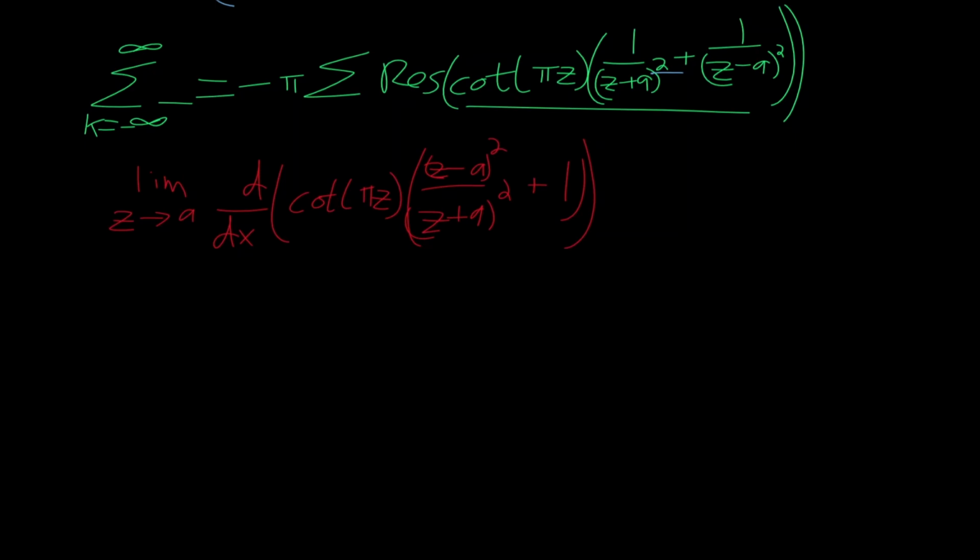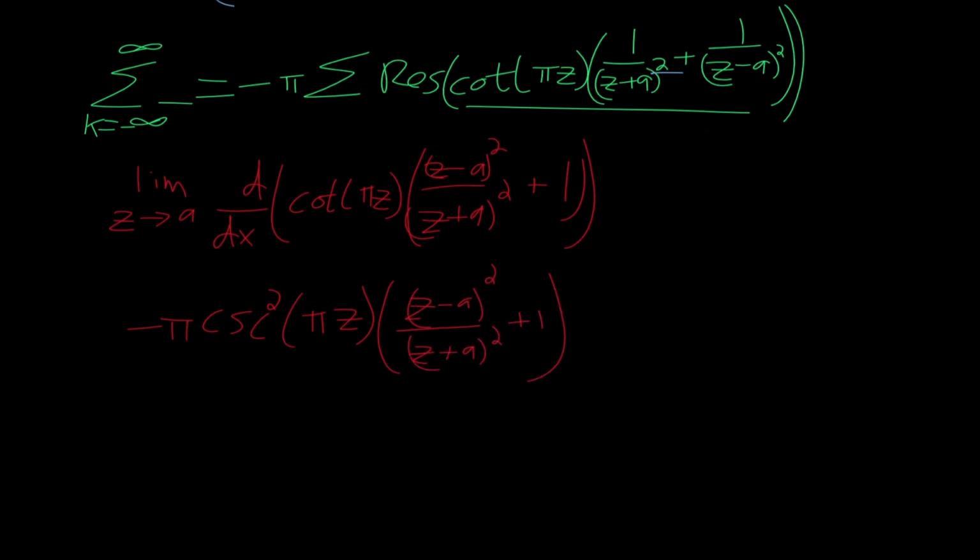So this right here is just going to be minus pi cosecant squared of pi times z, and then times our big function right here, so z minus a all squared over z plus a squared, and then plus 1, of course. And then what's the derivative of this right here? So we have a plus, of course, times cotangent of pi z.